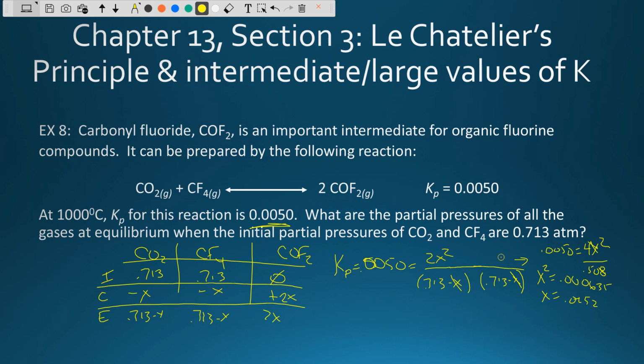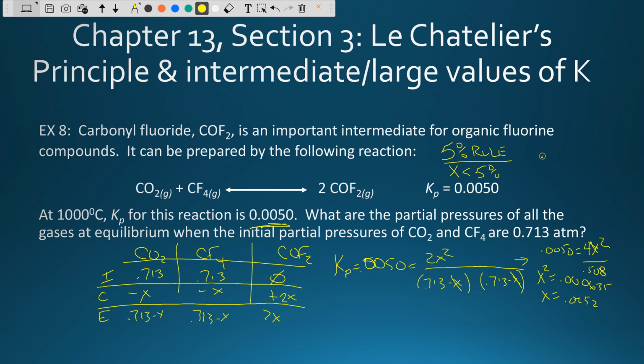Okay? So this 0.0252, there is something referred to as the 5% rule. The 5% rule says if x is less than 5%, then we can ignore or basically disregard that x value.